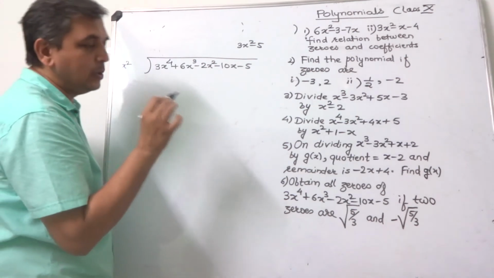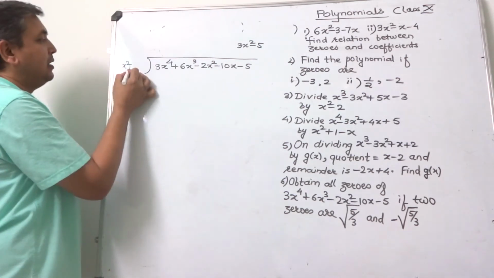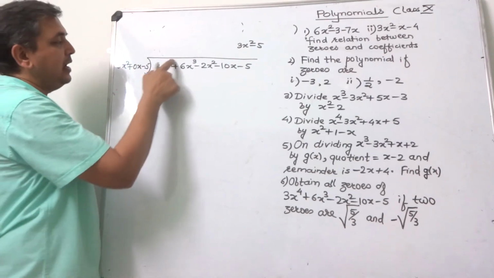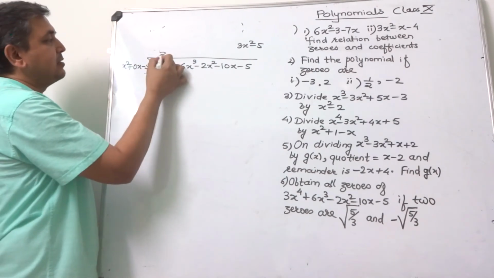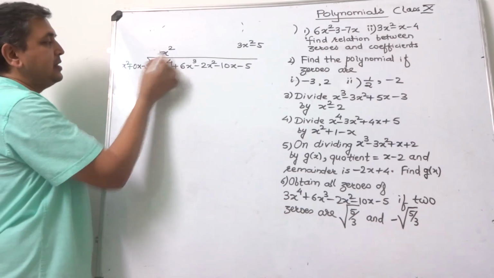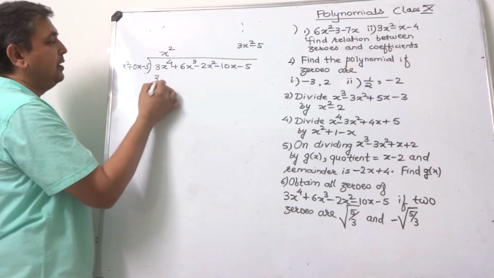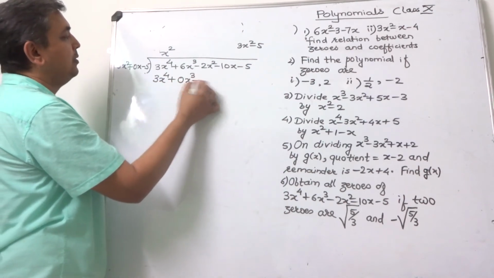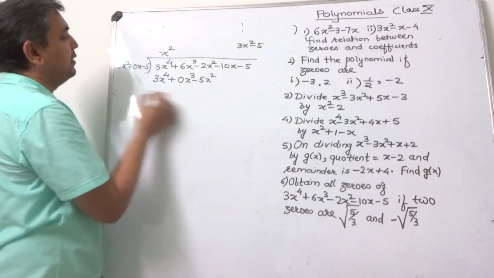Now see, there is no middle term, x is missing. So we write 0x minus 5. Now 3x raised to 4 divided by 3x square is x square, and with this x square we multiply all the terms: 3x raised to 4 plus 0x cube minus 5x square.